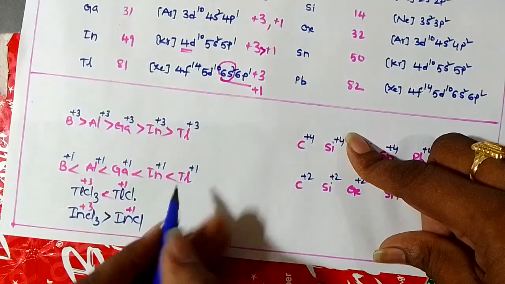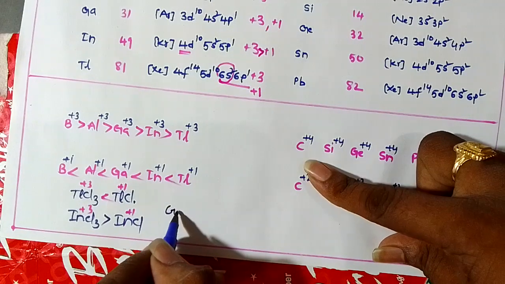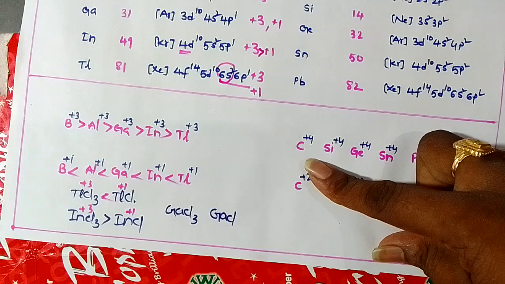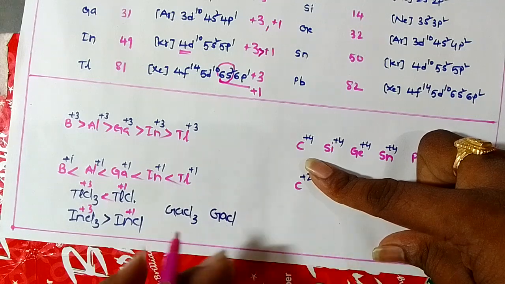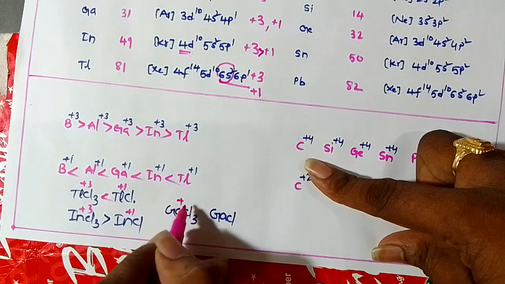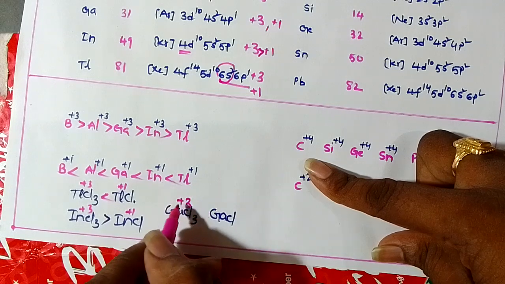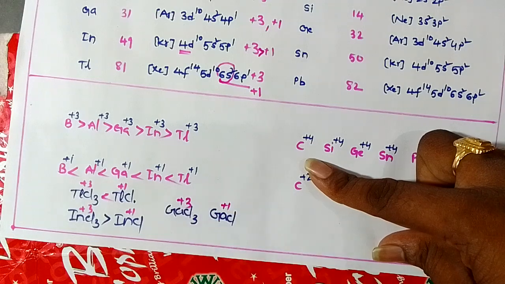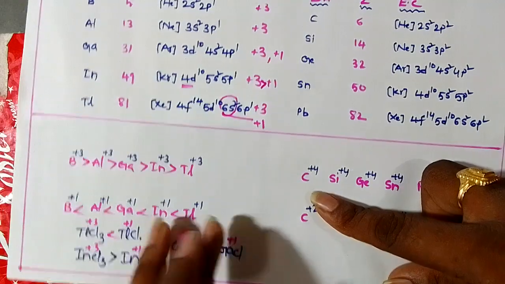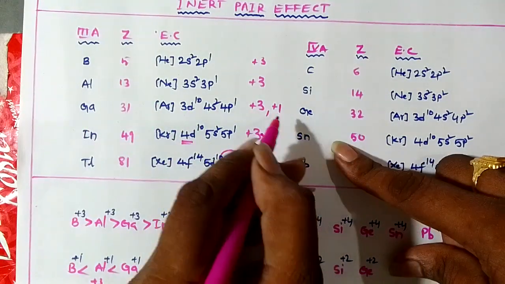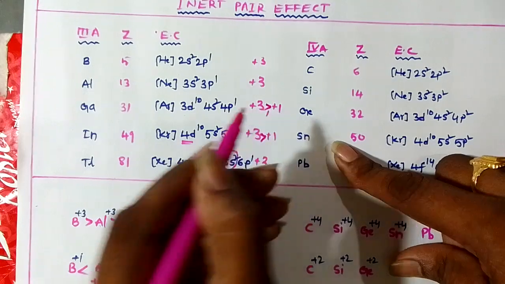Next example is GaCl3 and GaCl. So which compound is more stable? Here in GaCl3 the oxidation state of gallium is +3. In GaCl the oxidation state of gallium is +1. Gallium can exhibit +3 and +1 oxidation states, but the +3 oxidation state is more stable.